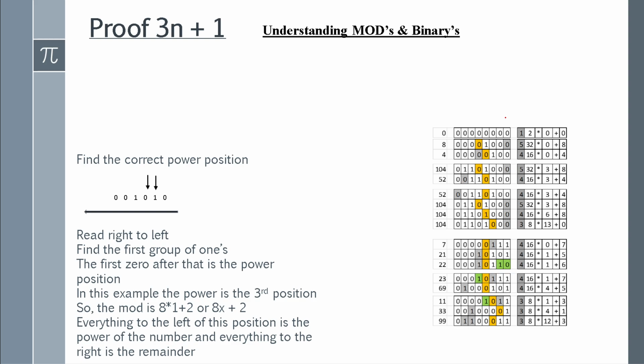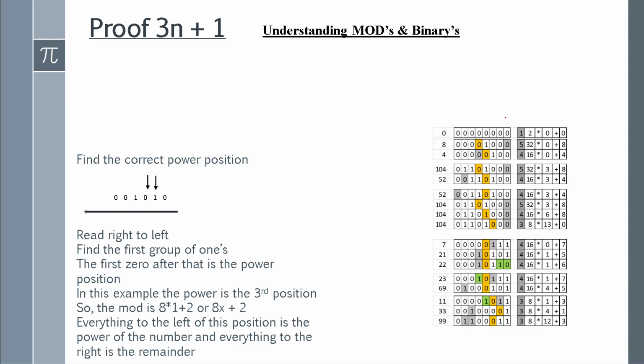We added a 1 to our power side, but in a way that it's only multiplied by 3 because we didn't add a 1 at the end of the number.